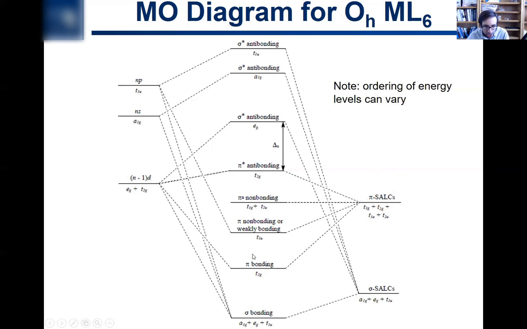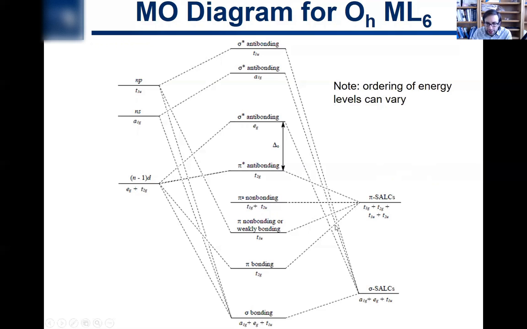So you get a bonding T2g and then an antibonding T2g. We still have delta O from crystal field theory. Depending upon the nature of the complex and where these pi SALCs are, this could go up and down and shift some of these energy levels. How do you predict that? That's hard. You need some experimental evidence, or you need to do explicit quantum mechanical calculations of the energies of these MO diagrams.